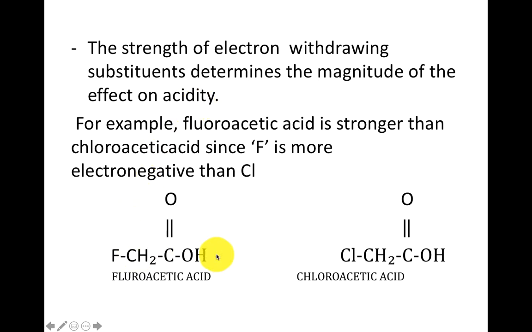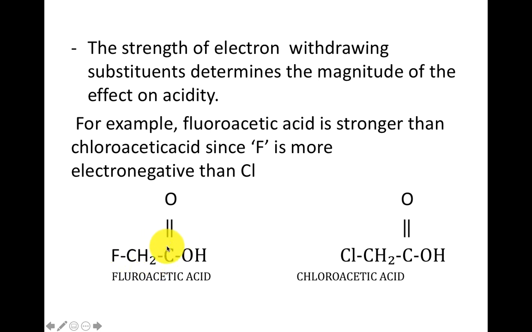See here, fluorine and also the chlorine. Can you tell me which is more electronegative, whether fluorine or chlorine? Fluorine is considered to be more electronegative when compared to chlorine. So it withdraws electrons towards the fluorine. So positive charge will be more on this carbon, that is fluoroacetic acid.